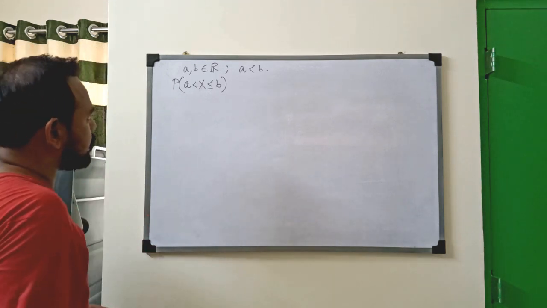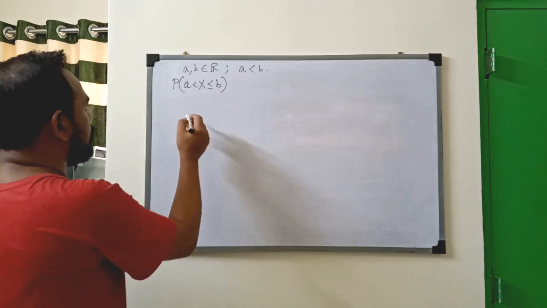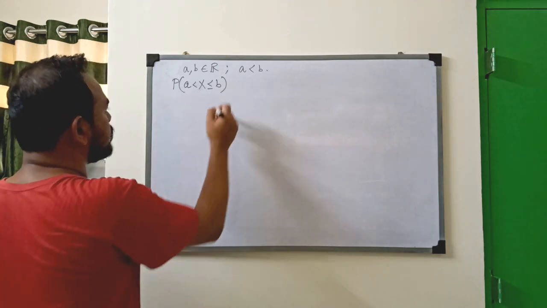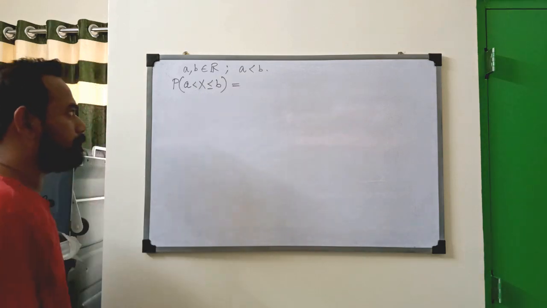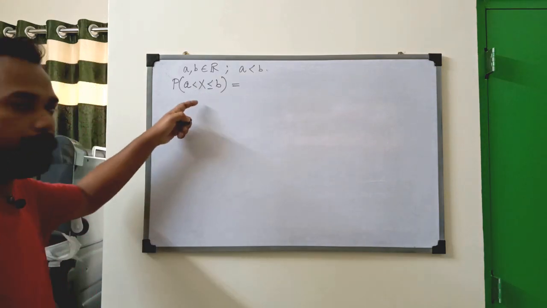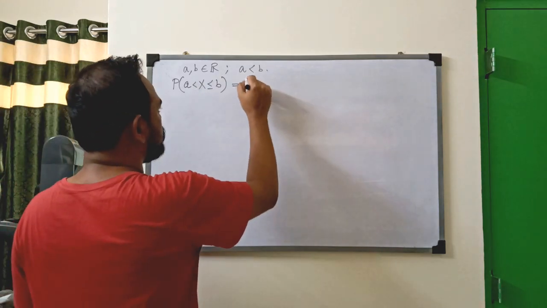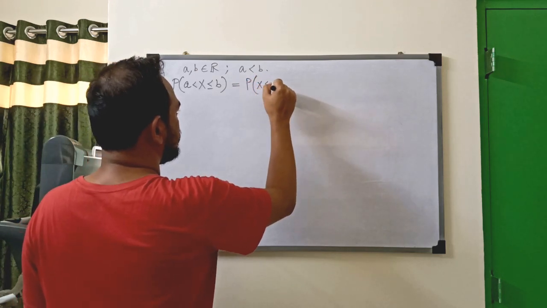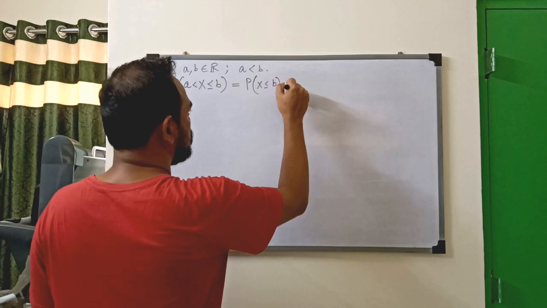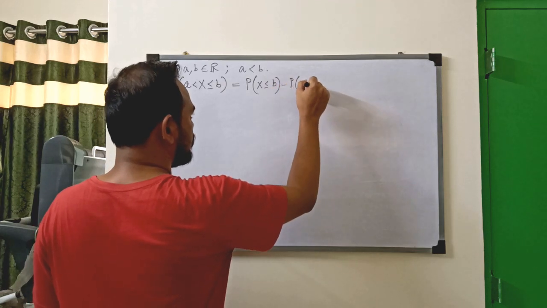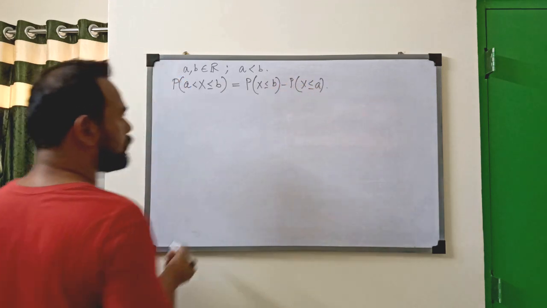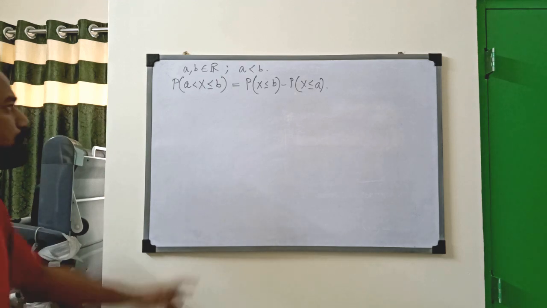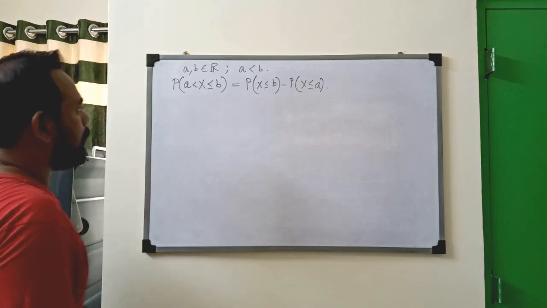And what we see here is that, I'm just going to write the formula first and then tell you how it comes. So this is actually going to be probability x less than equal to b minus probability x less than equal to a. This is what it is going to be. Let's see how, okay? This is a useful formula, okay?